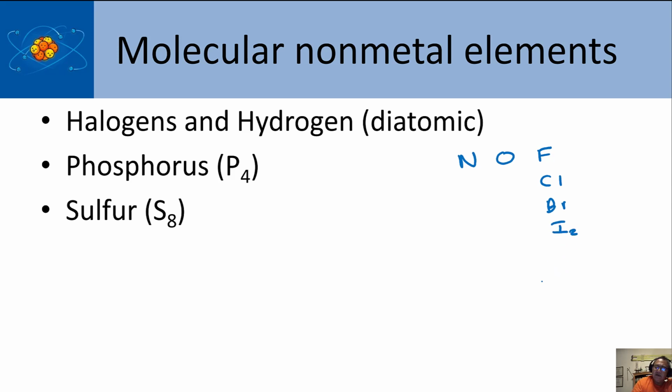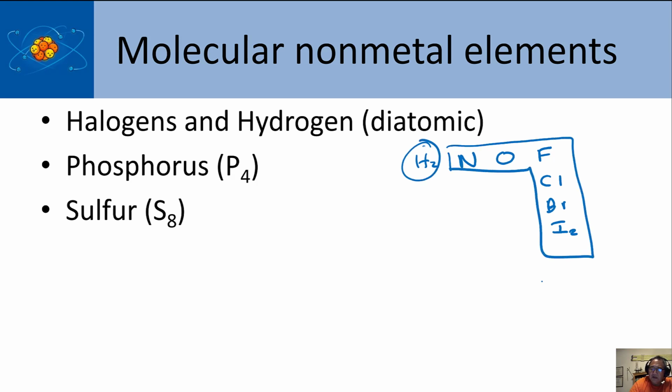And you might include the one down here, but there's really not much known about it, and it's probably diatomic is my guess. Then hydrogen. These are the diatomics. Now, this is off on it by itself, but the rest of them make up a 7, and if you count them, there's 1, 2, 3, 4, 5, 6, 7.